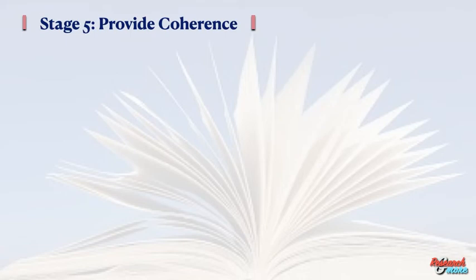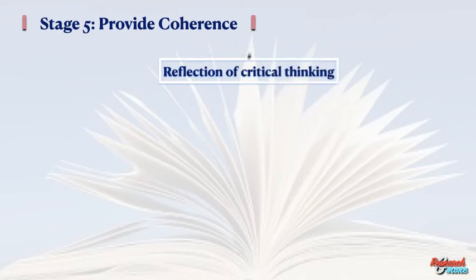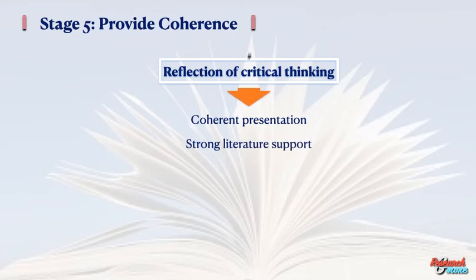Once you are able to develop a position or arguments by applying the analysis and synthesis of the literature, you are now ready to move to the next level of higher order thinking, which is a reflection of critical thinking. To prepare to be at the level of critical thinking, your thesis must reflect the following: ideas presented in a coherent manner, a strong support of the literature, high level of originality, clear alignment of ideas, critical analysis, and argumentation.